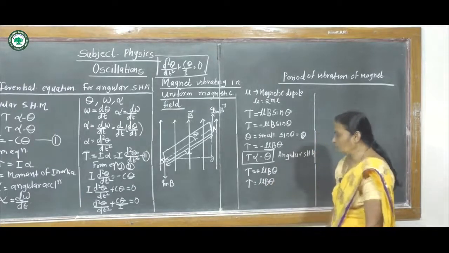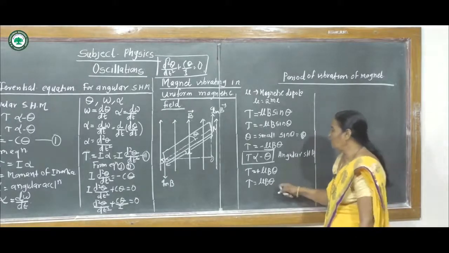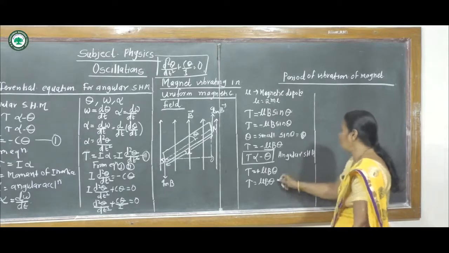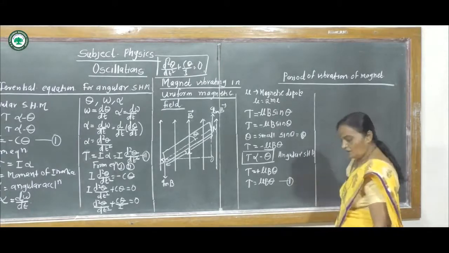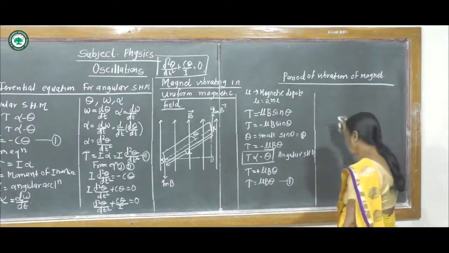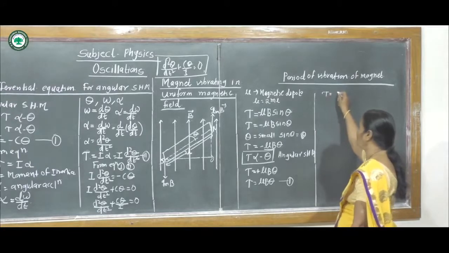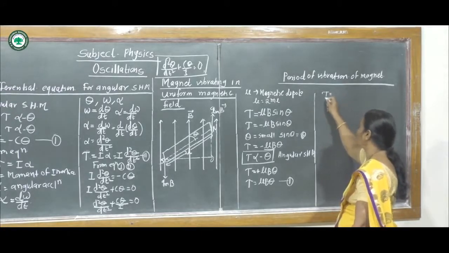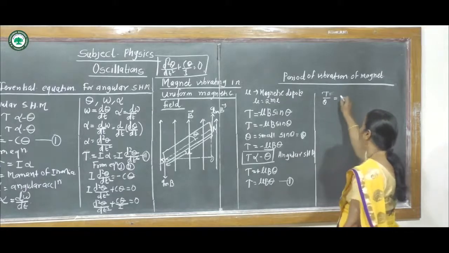This is equation number 1. Now, torque divided by theta is equal to mu B.